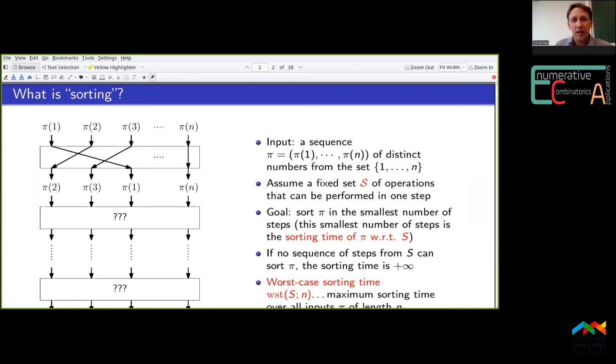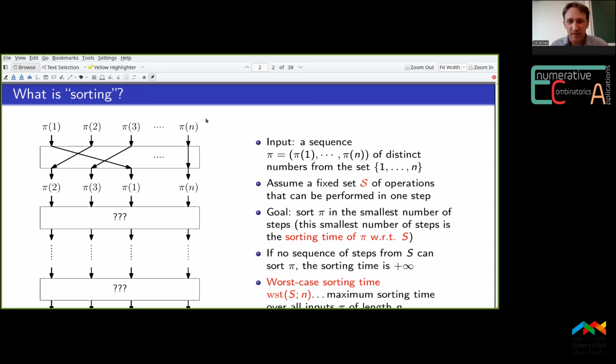And in my model of sorting, I imagine that I have some fixed set S of operations that I'm allowed to perform on a sequence of numbers. So let's say in this picture, suppose I'm allowed to take the first number from the input and move it to the third position, and move the second number to the first position, and the third number to the second position, and this gives me a new sequence of numbers.